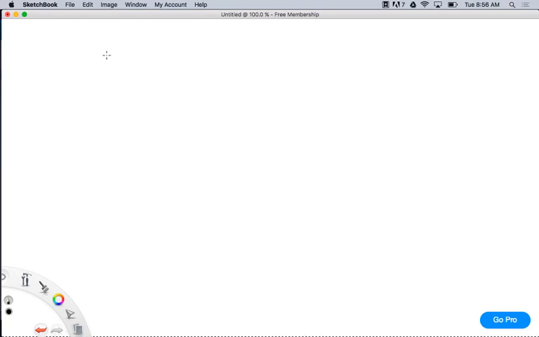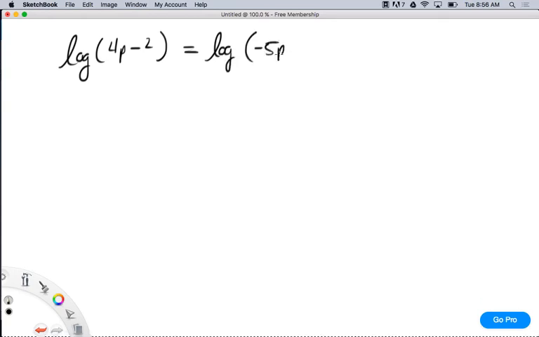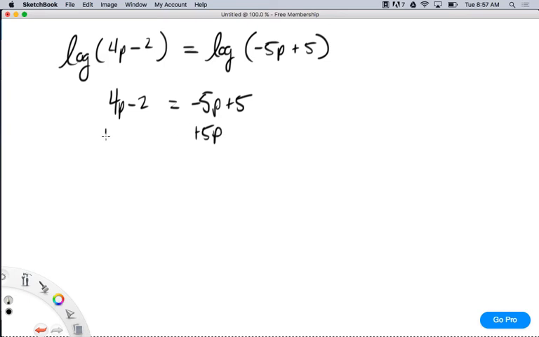So the easiest ones, guys, is something like this. Log of 4p minus 2 equals log, and this is number 3 on your worksheet, negative 5p plus 5. The bases are the same, so I just set them equal. 4p minus 2 equals negative 5p plus 5. Add 5p to both sides. I get 9p minus 2 equals 5.